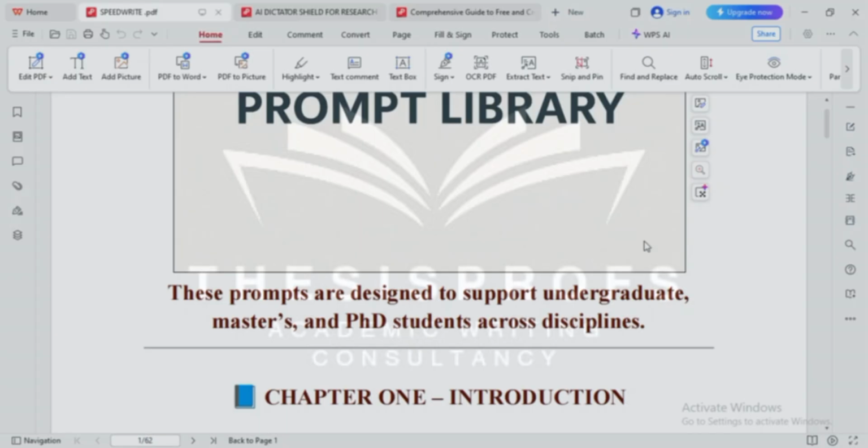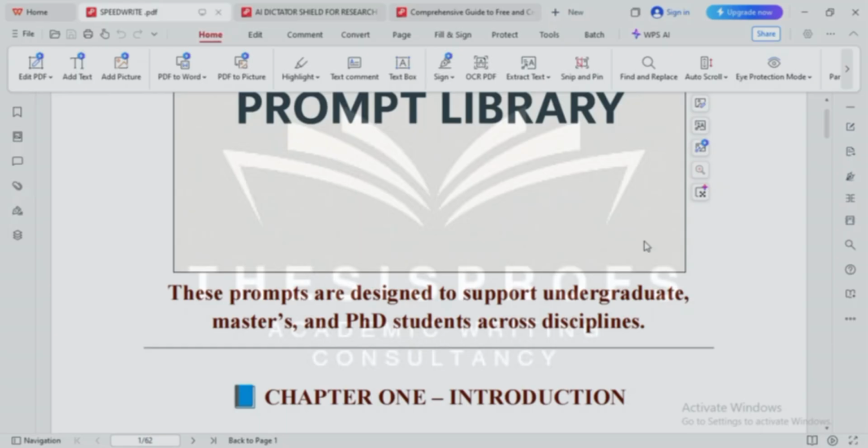And yet, it's the chapter most students fear. But here's the truth. With the right tools and guidance, you can write chapter 1 confidently, even in just a few focused days. And that's where AI, particularly ChatGPT, becomes your academic assistant, not a ghostwriter, but a powerful brainstorming and structuring companion.